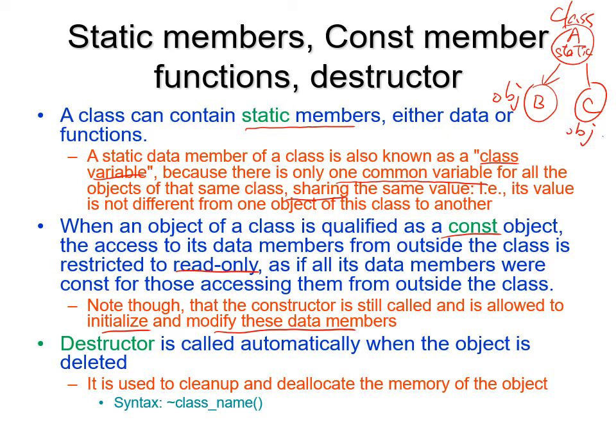Now finally, we have the destructor. The destructor is the opposite of the constructor. It is going to deallocate the memory of the object in order to release the resources for the program.